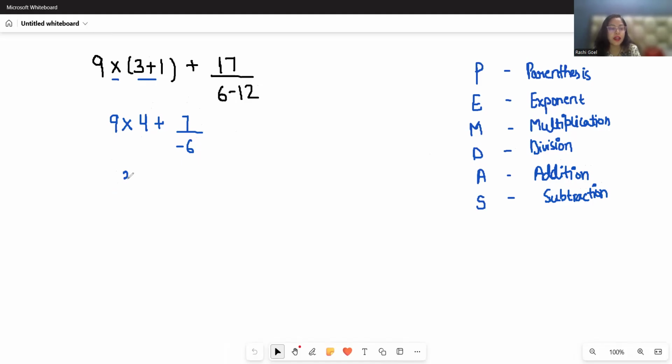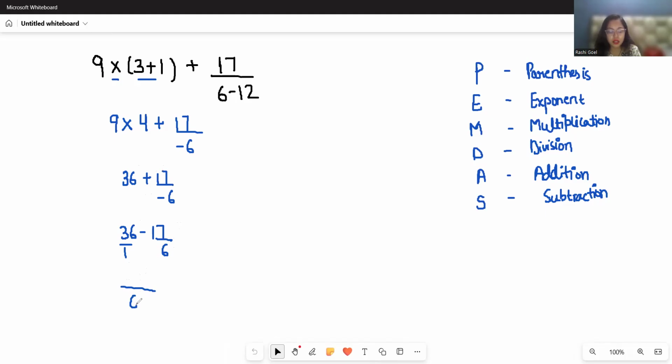So from the left, it is 9 times 4, 36, plus 7 by minus 6, which we can write as 36 minus 7 by 6. Now we'll take the LCM. So it becomes, here it is 17, not 7.